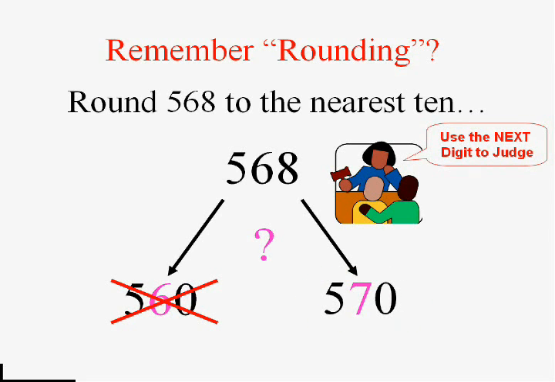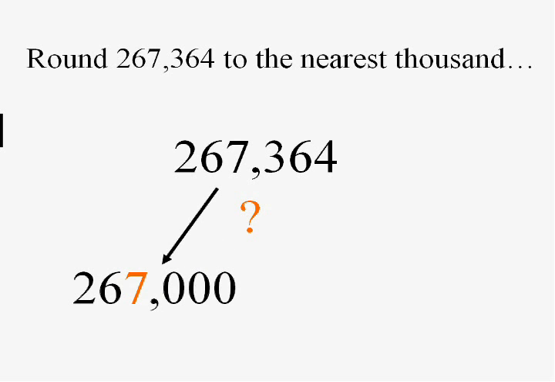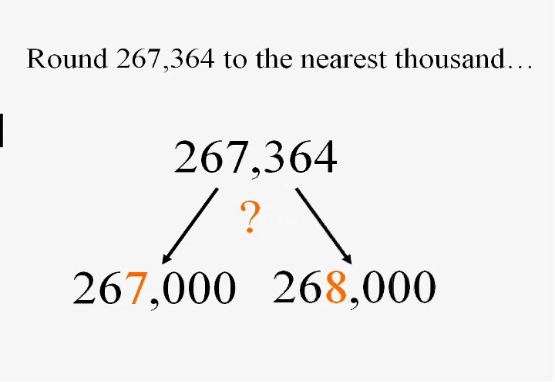Let's do another. We're going to round this number to the nearest 1,000. Find the thousands digit, and everything else after that is going to have to be a 0. So it's either going to be 267,000 or 268,000.